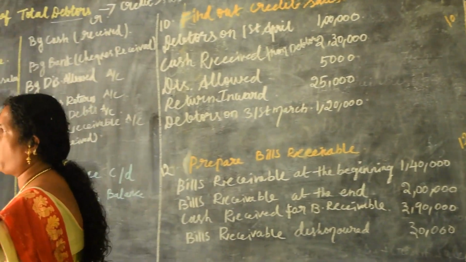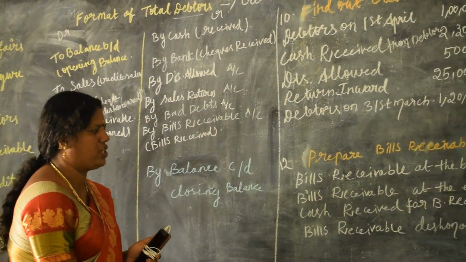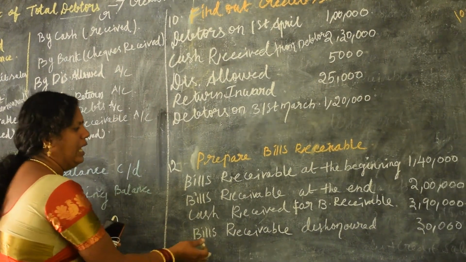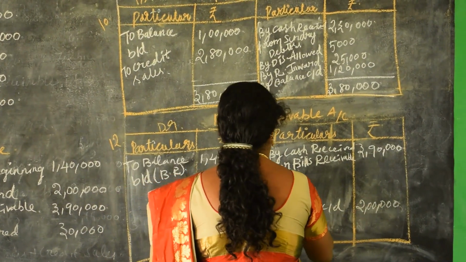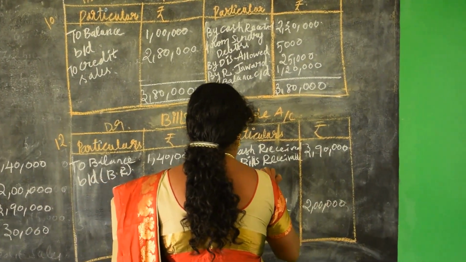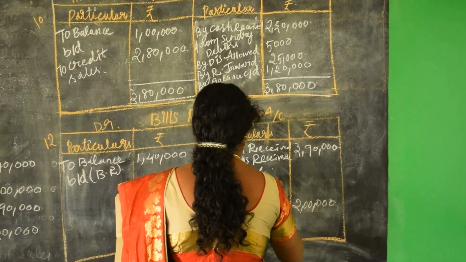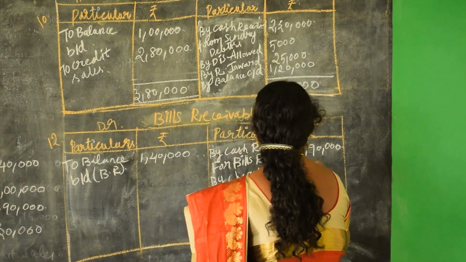He has made a promise and he has made a check to pay the amount, but unfortunately the check is dishonored. Bills receivable is also a money payment only. That amount is dishonored, so that also you have to write on the credit side. By check dishonored, 30,000.